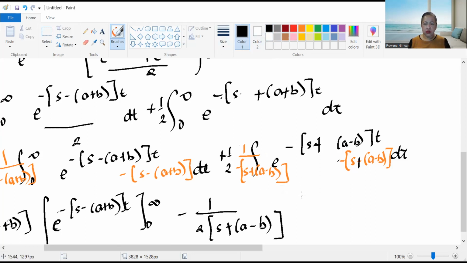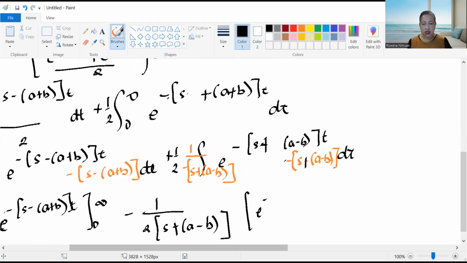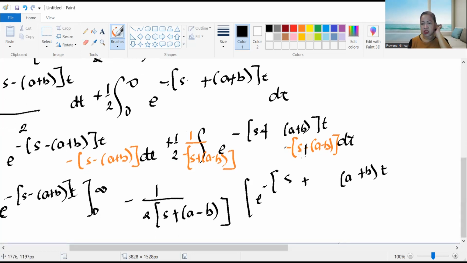So to continue, this should be e to the negative s minus a plus b, t, from 0 to infinity.